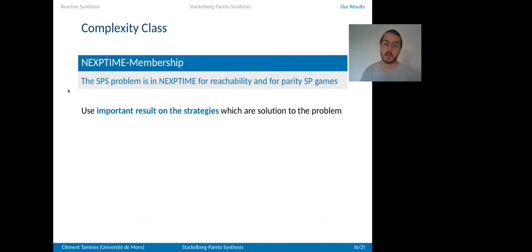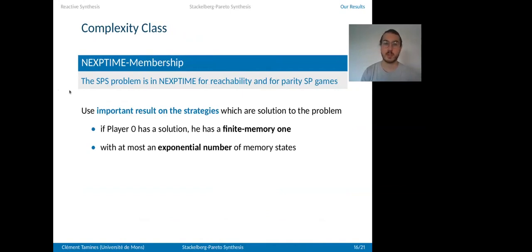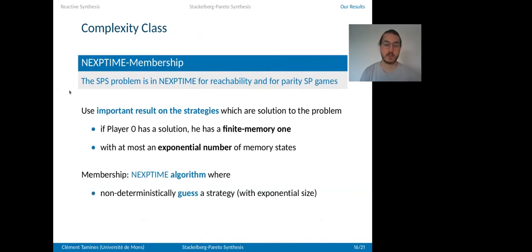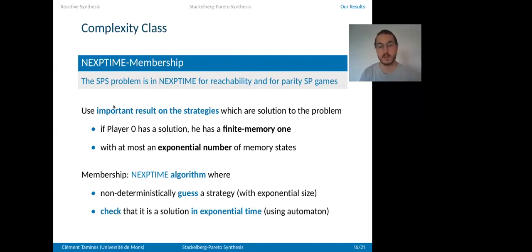We use an important result on the strategies which are solution to the problem, namely that if player 0 has a solution to the problem, then he has one which uses finite memory with at most an exponential number of memory states. We can then devise a NEXPTIME algorithm in which we non-deterministically guess such a strategy, which we can assume to have an exponential size. Then we check that it is indeed a solution in exponential time using automata techniques.